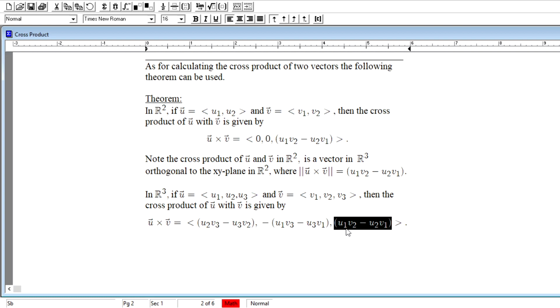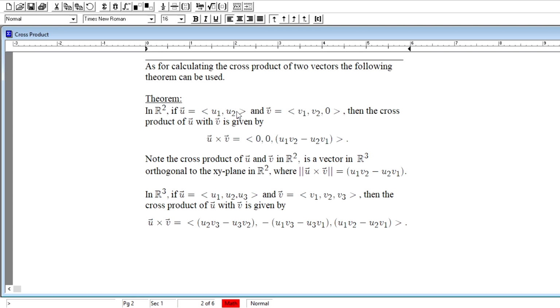What you would notice, though, in terms of how the 2D case relates to the third dimension, is if you would just add a z component of 0 in value to these vector descriptions in two-dimensional space, and you perform this three-dimensional calculation of the cross product, these will result in zeros for these first two components.